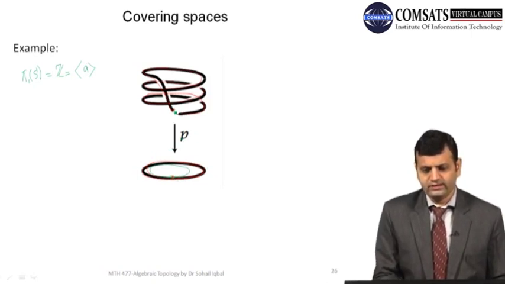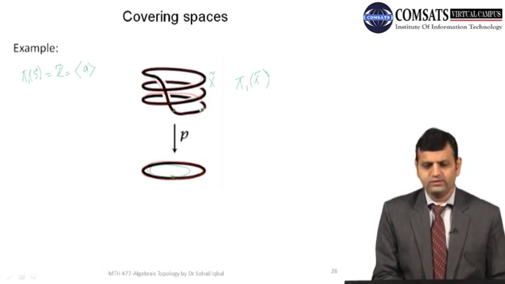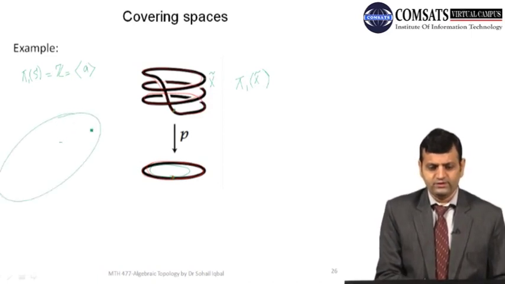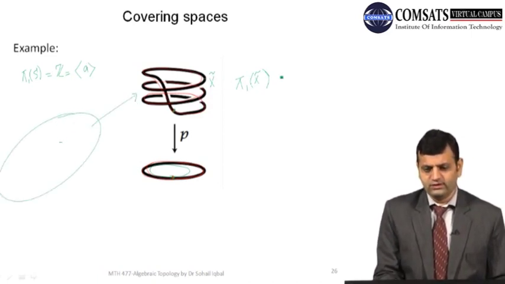Now let's call this space X tilde. The fundamental group of this thing is going to be that of a circle. Basically it is a circle, and we have twisted this circle into this form, so this is again going to be the integers. Let's say the generator of this is gamma.